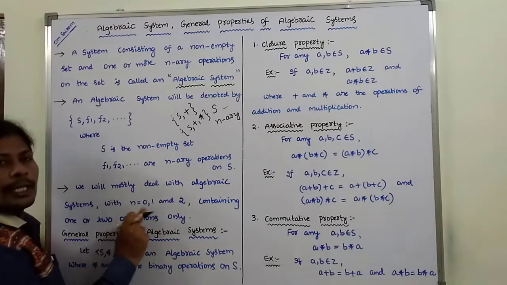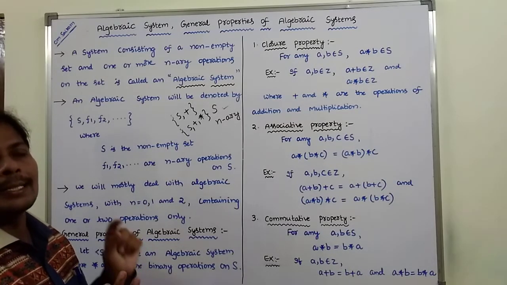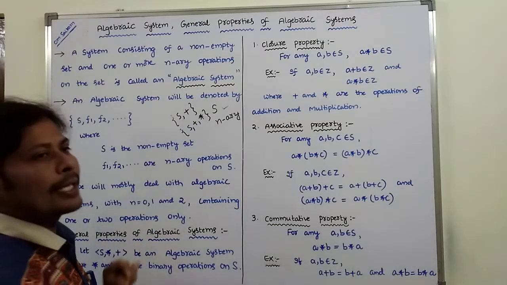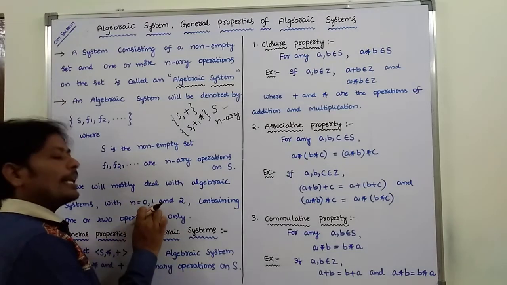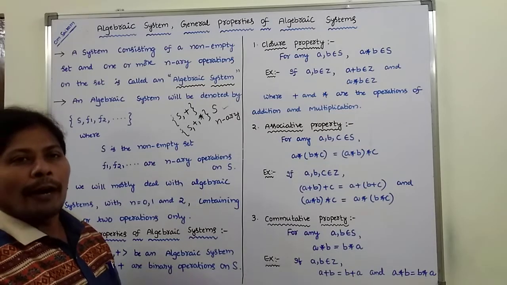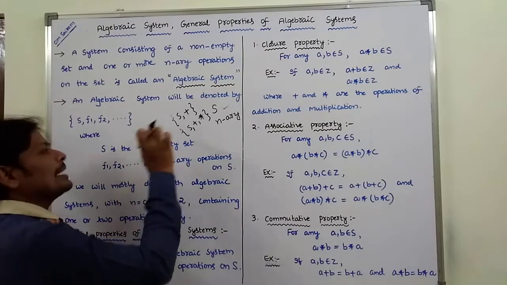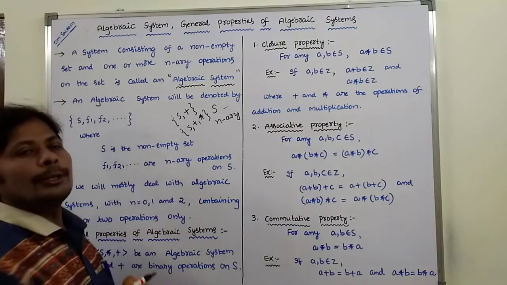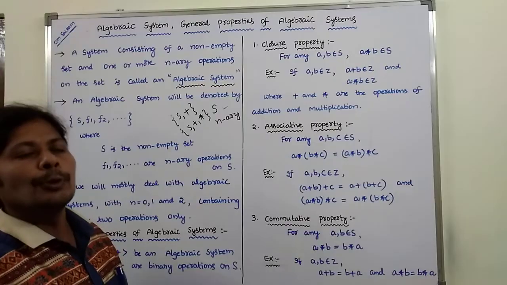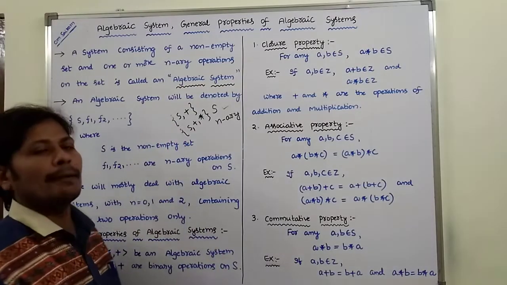N equal to 0 means only the non-empty set is there, and no operation is performed on the set. N equal to 1 means only one unary operation is performed on the non-empty set. N equal to 2 means two operations can be performed on the non-empty set.